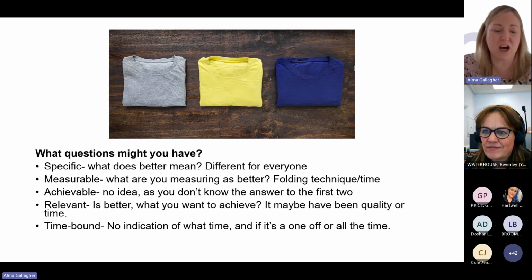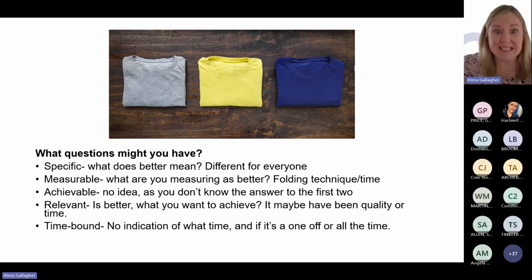Is it better because I can see all my t-shirts because they're nicely folded in Marie Kondo's technique? Is it better because it actually took less time? So without stating that, who'll know if it's a better outcome or not.